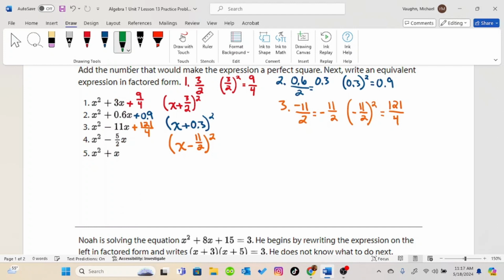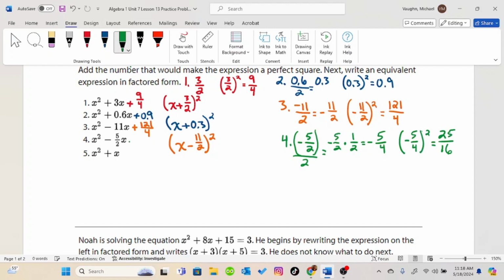Number 4. We're going to take the negative 5 halves and divide that by 2. That becomes negative 5 halves times 1 half, which gives us negative 5 fourths. Now we'll take that negative 5 fourths and square it, which will give us 25 over 16.